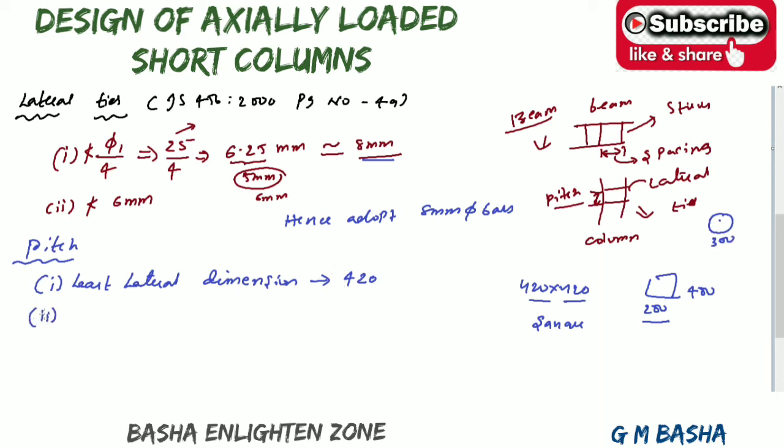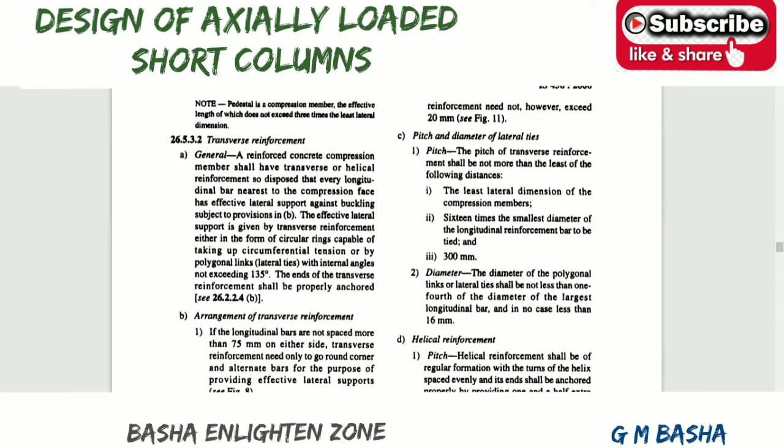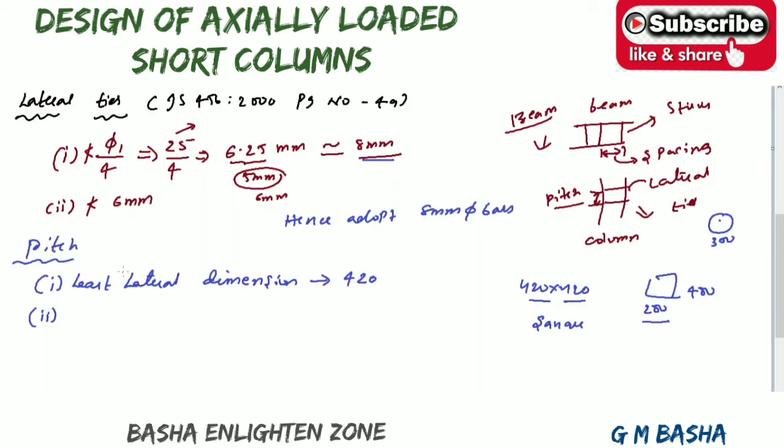The second condition is 16 times the smallest diameter of the longitudinal reinforcement bar of the tie, meaning 16 times the diameter of the longitudinal bar. But here we are providing 4 bars of 25 dia.